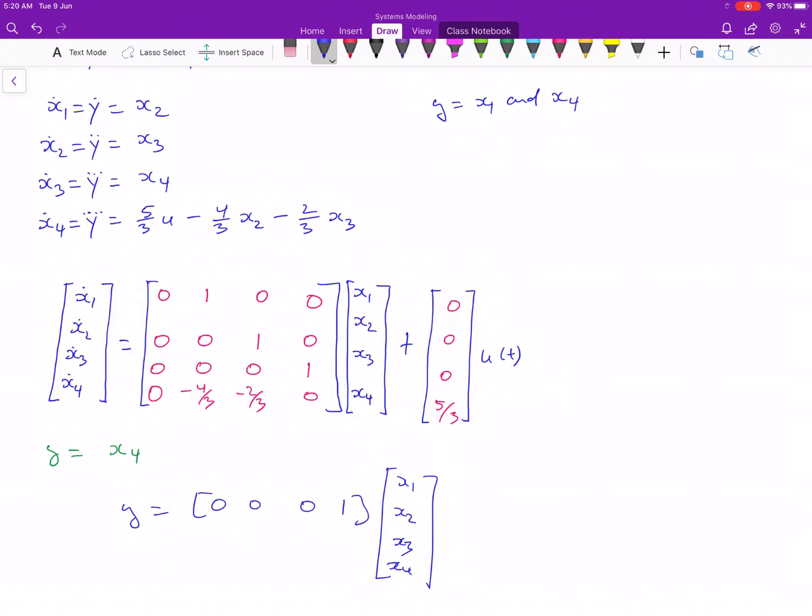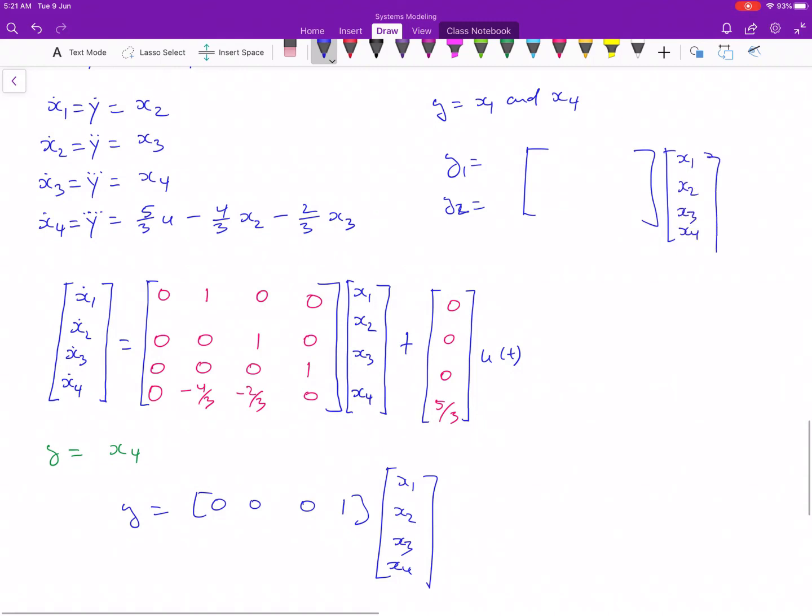So what you are going to have, you will have y1 and y2, and this one will be in this big box, which will have x1, x2, x3, x4.